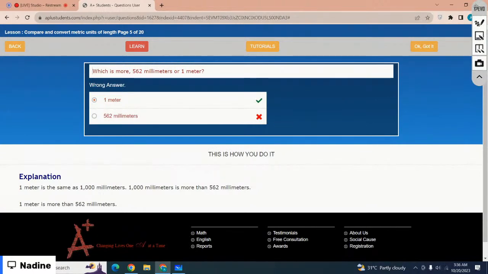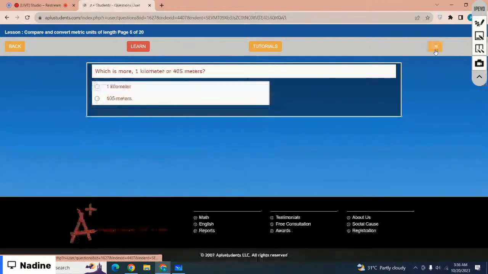Okay, the next one is which is more, 1 kilometer or 405 meters? Which is the correct option? 1 kilometer is more because in 1 kilometer you have 1000 meters, right?